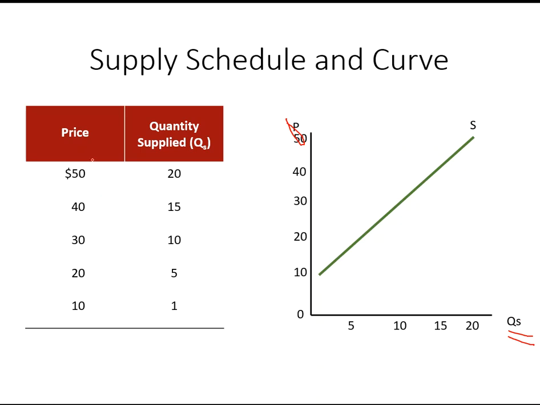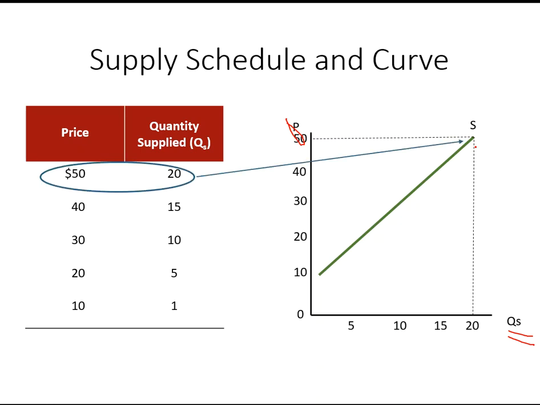Based on the supply schedule, when the price is 50, the quantity supplied will be 20, and corresponding to these two values, we find the first dot on this panel. Then if the price is 30, the quantity supplied will be 10, and we find the second dot.